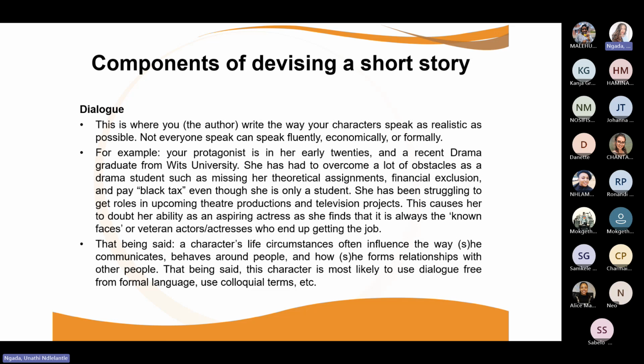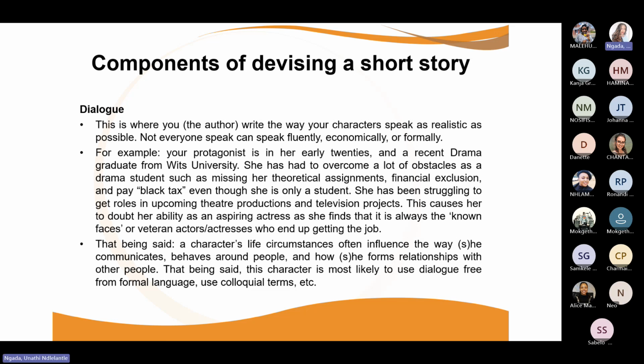So having said that, the character's circumstances, how the character grew up, what the character had to overcome, often influences the way that the character speaks, the way that this character develops relationships with certain people, how this character interacts with other people. So please keep this in mind when you are using dialogue in your story.